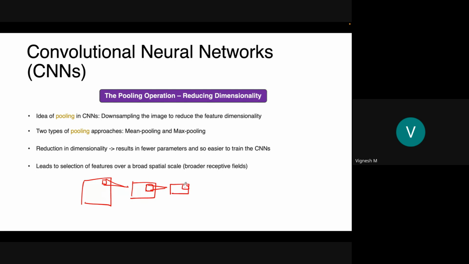So the spatial scales are changing across the layers, right? As you go across each of the convolutional layers, the amount of information that a single neuron at a given level sees is a bigger part of the input space than what was happening at a much shallower layer.